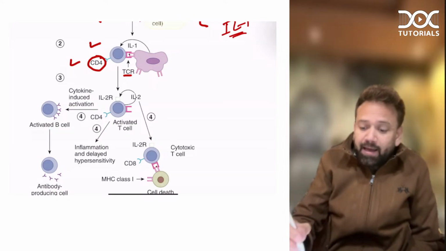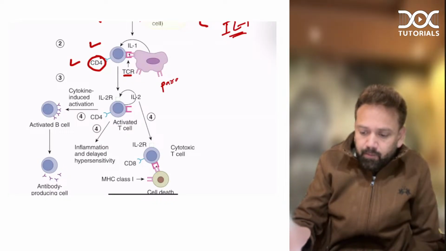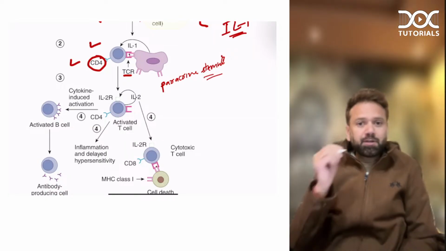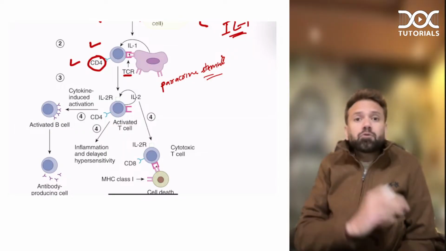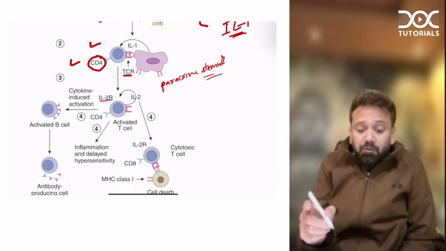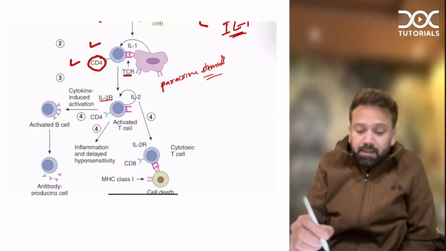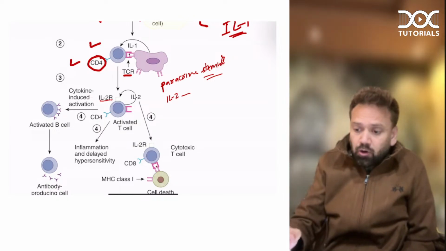It is called paracrine stimulation. But T lymphocytes are releasing interleukin 2 and they are activating their own cell. So this is called autocrine stimulation.